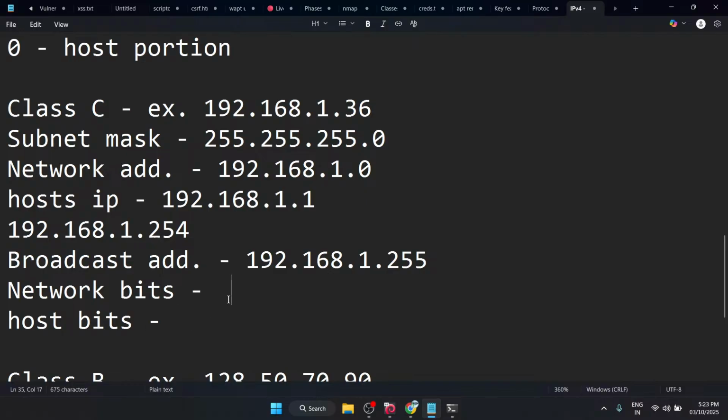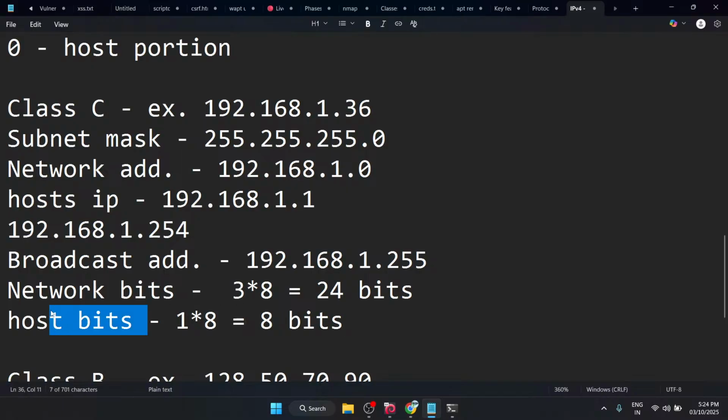So network bits are 3 into 8, equal to 24 bits. And host bits, how many? Only one octet is there for the host portion, so 1 into 8, that is 8 bits, is your host portion.